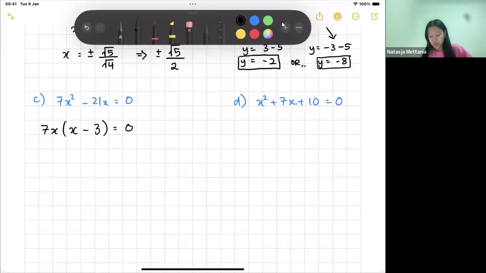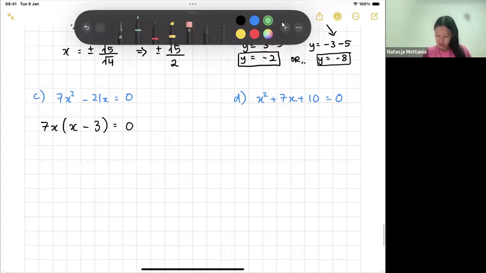Okay, so right here, this is me factorizing: 7x bracket x minus 3, close the bracket, equals 0. And this here is called the null factor. The reason why I know it's called the null factor is because it has to equal 0. So something that's been factorized equal to 0, okay? So how I'm going to figure out using the null factor, right?